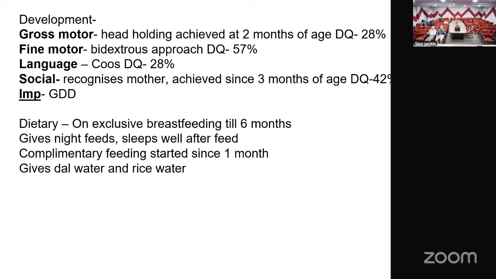So basically, there's delay in every aspect of the development: gross motor, fine motor, language also. When did the delay start? That 2 months, no, that is early.